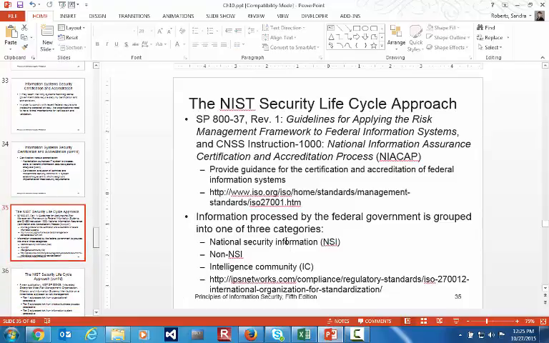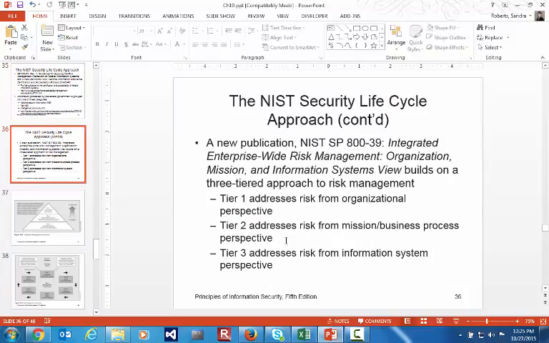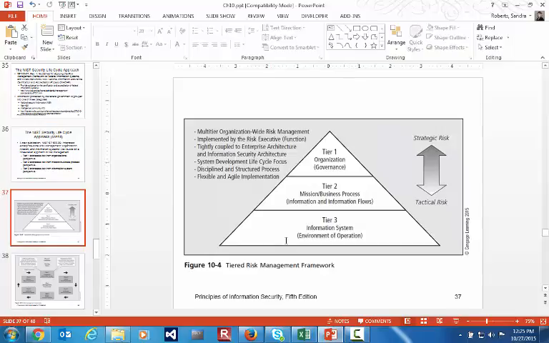All of this put into place by the government so that organizations can have a policy for certification and accreditations of federal information systems. And this is the tier: the information systems, the mission and business processes, and then the organization itself.